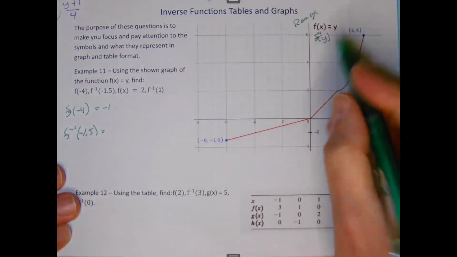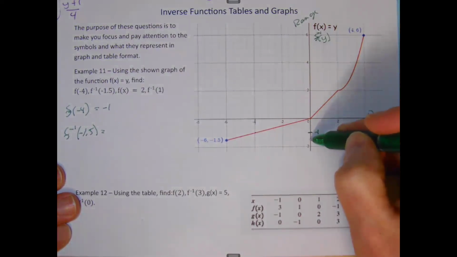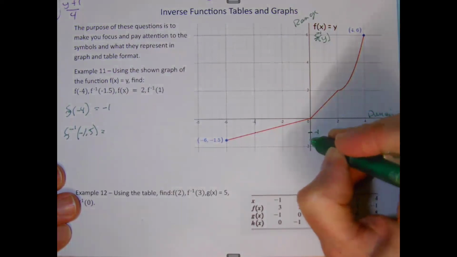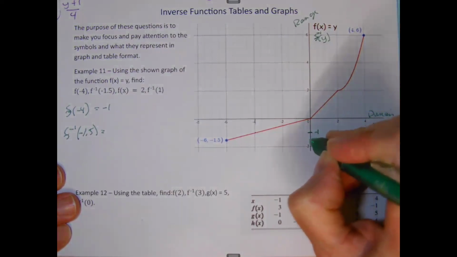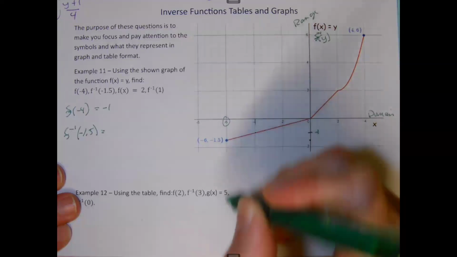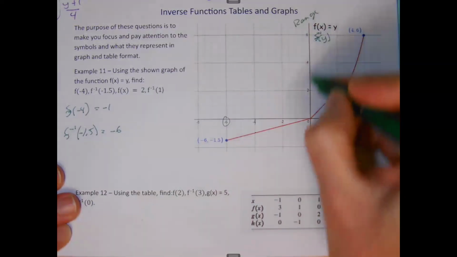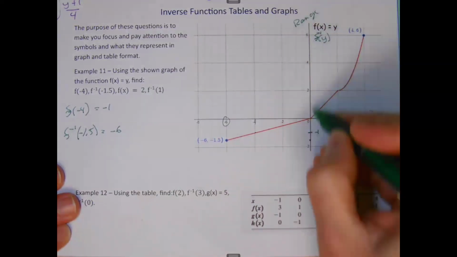Let me find -1.5. Oh, -1.5 is right here. It's really backwards: figure out where it comes from, where it goes, and it goes to -6. See how that went? Because now everything here is the domain.